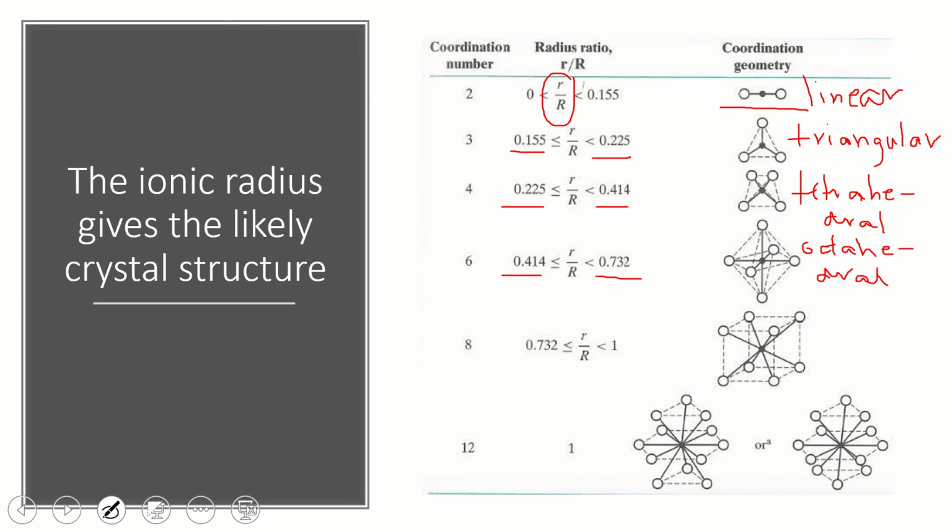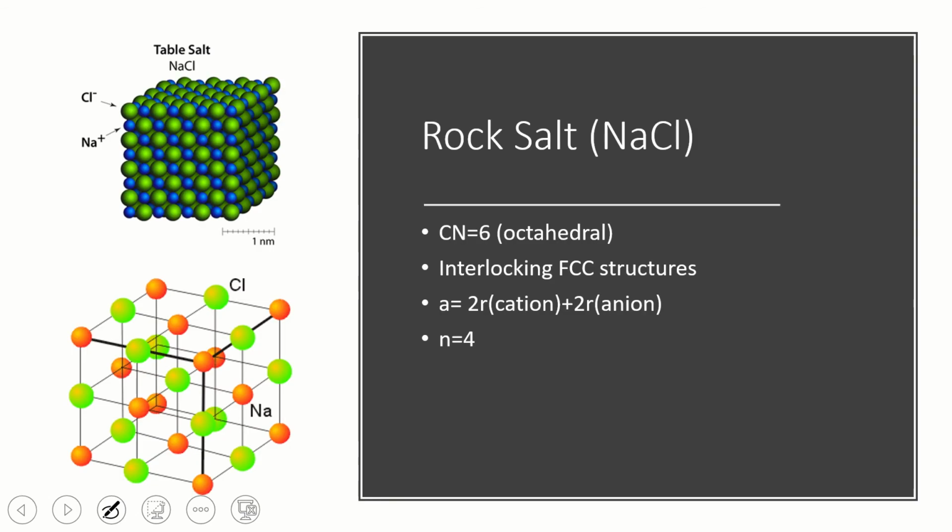Lastly, if the radius ratio is between 0.732 and 1, we will have a cubic geometry. So let's go ahead and start looking more deeply into each type of ceramic crystal structure.